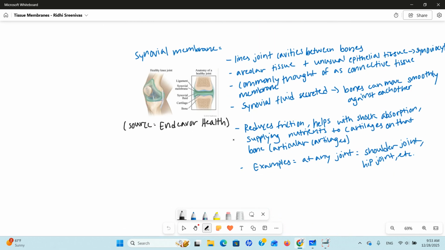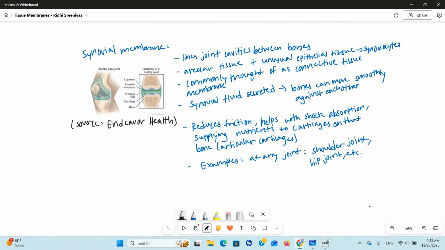And lastly, we're going to talk about the synovial membrane, which lines joint cavities between bones. The synovial membrane is composed of two layers, areolar tissue and an unusual, not true epithelial tissue layer of cells called synoviocytes. And this epithelial tissue is unusual because it develops from within the connective tissue and does not have a basement membrane, and the cells aren't as tightly packed as they usually are in epithelial tissue.